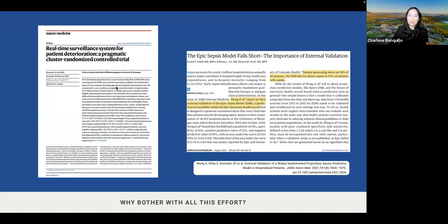CONCERN similarly took at least 15 years, but the impacts you can see are really clinically relevant. They've thought about the things that are important to clinicians. And then unfortunately, there are lots of stories about these proprietary models that have been developed and rolled out and they're not good, with all of these issues. So that's the difference, at least that's how I justify to myself why all this effort is worth it.